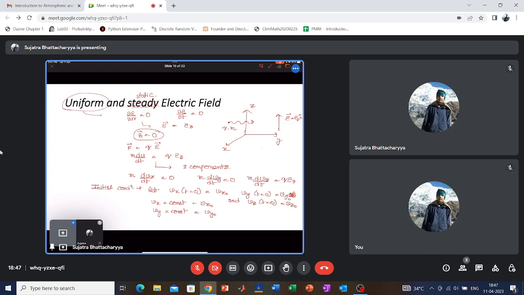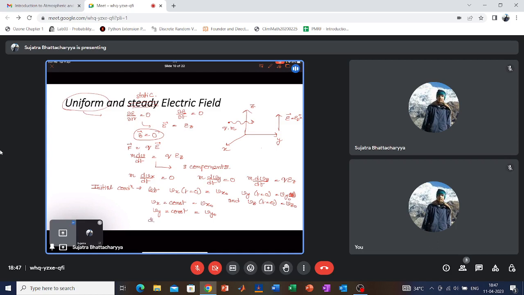So in the x and the y direction, the velocity remains constant. Whatever is the initial velocity, that is the same velocity which remains. But what will happen to Vz? So let's check it.